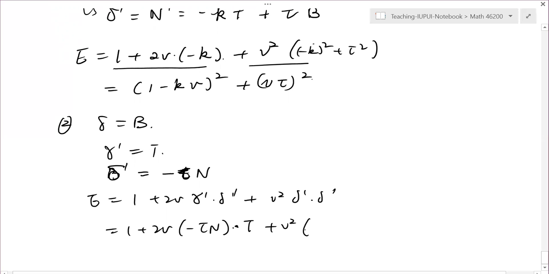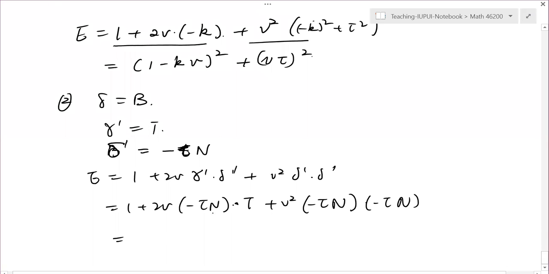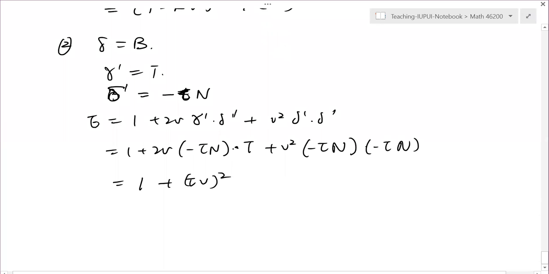Plus V squared negative tau N dotted with negative tau N. What we got here is the dot product of N and T is 0. So you only get 1 plus tau V squared, or even shorter.